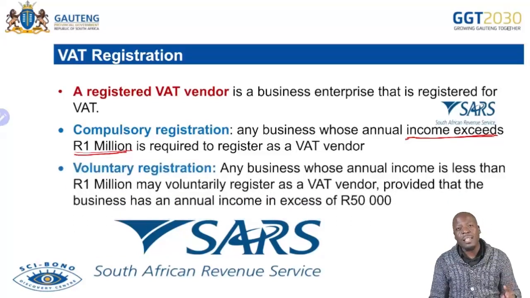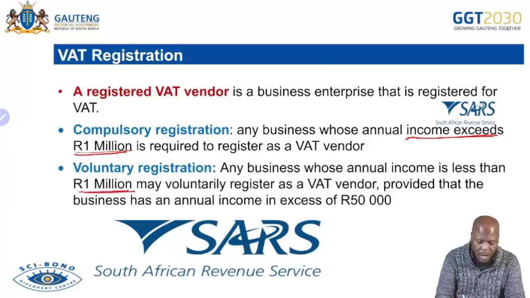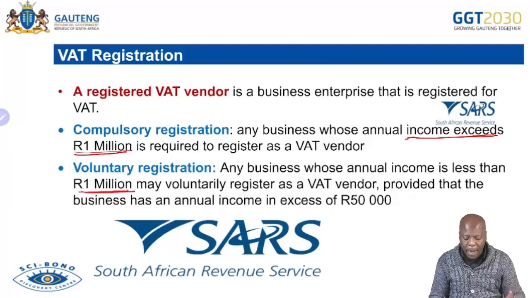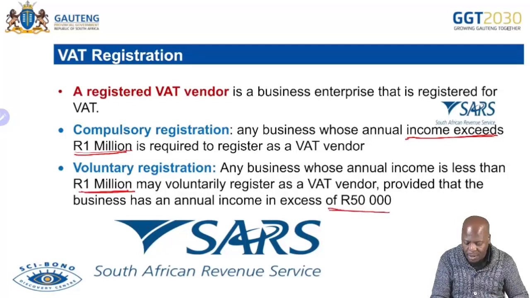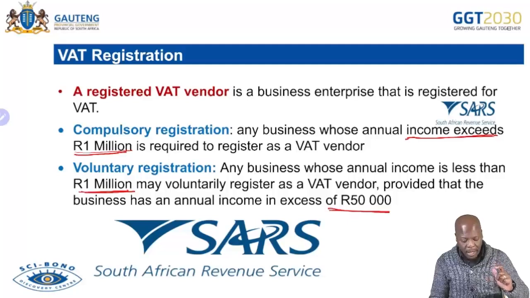There is also the second type of registration, which we call the voluntary registration. You can hear from the word voluntary. Now, this applies to any business whose annual income is less than 1 million. If you are having income less than 1 million, but above 50,000, you can register as a VAT vendor, but on voluntary registration.